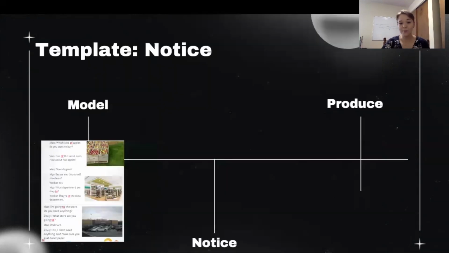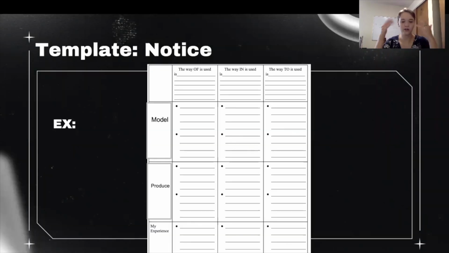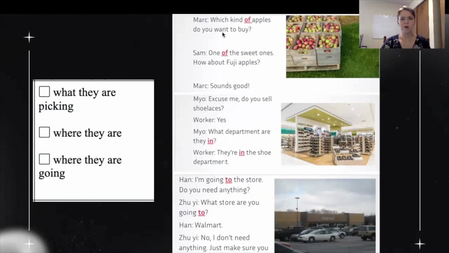The next step, noticing, actually takes it to the conscious part of the brain. We describe the way of is used in the model, the way in is used, the way to is used, and we work through that together. So we notice, oh, so when Mark is talking what kind of apples, you have this big category of apples, and you're trying to pick out a specific type of apple.